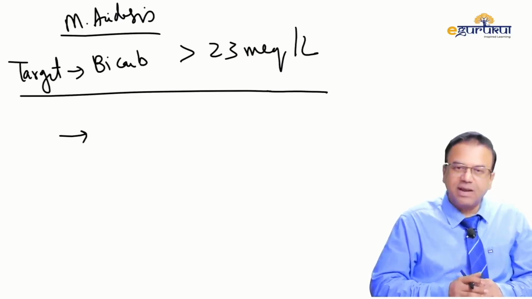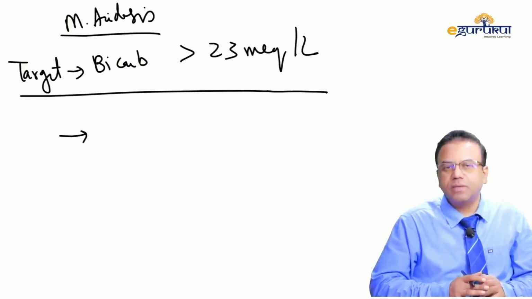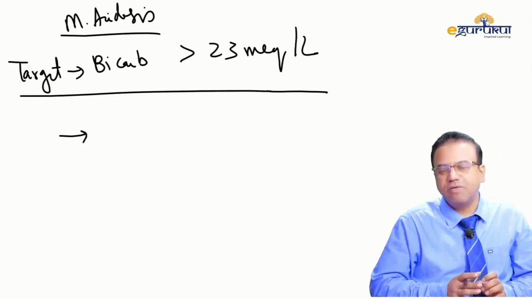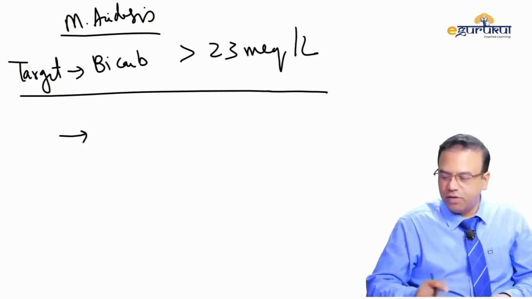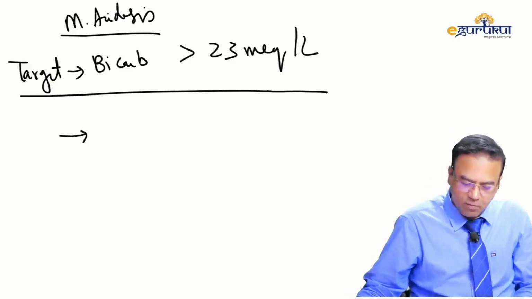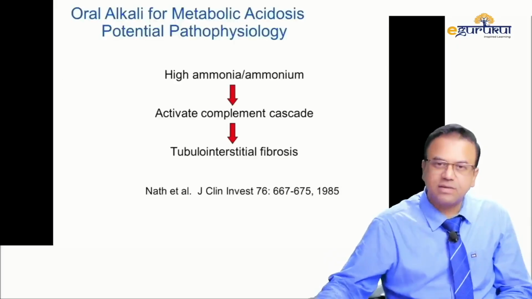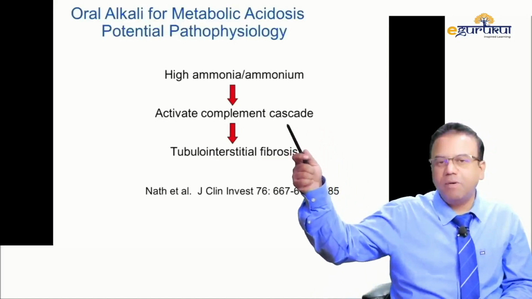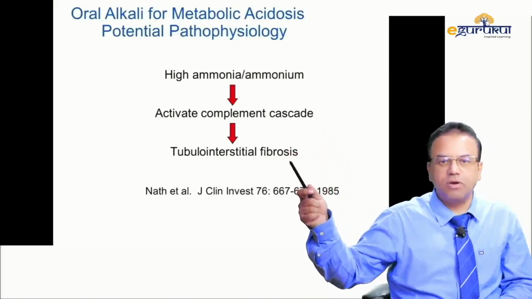So ultimately, CKD is nothing but interstitial fibrosis and tubular atrophy. Okay, this is what we refer to as IFTA, interstitial fibrosis and tubular atrophy. So basically, we now have evidence to show that, and this is a study that has been published, and you can see this is showing high ammonium activates complement, and more complement causes tubulointerstitial fibrosis.